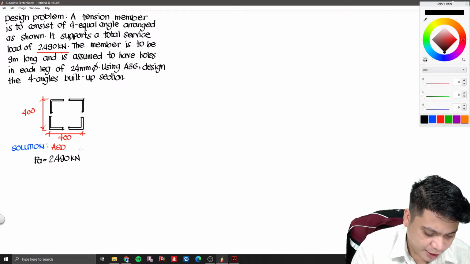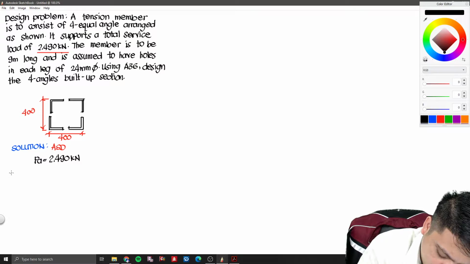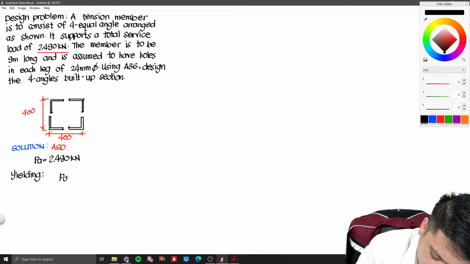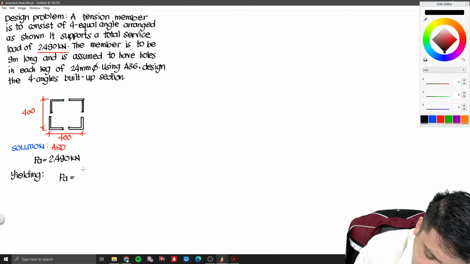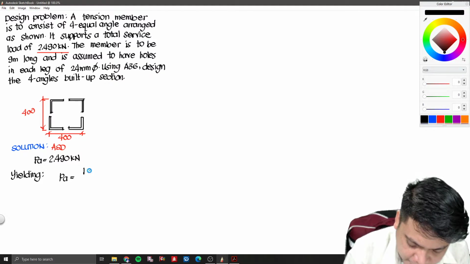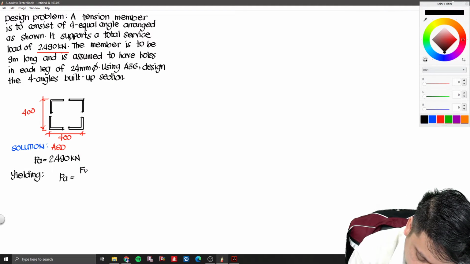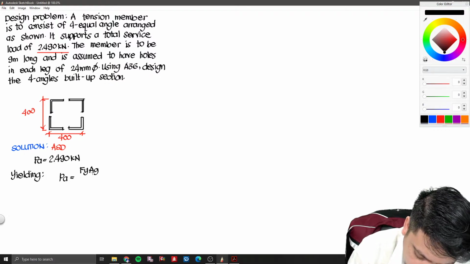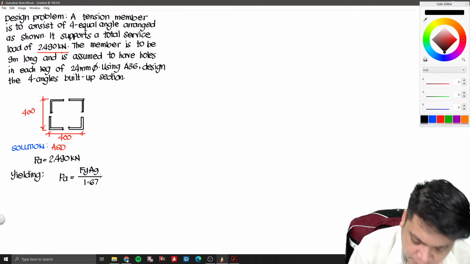From the PA, ang formula natin, using the yielding, we have here PA. Ano nga yung PA natin? So, that is equals to PN over omega, which is Fy times AG, all over 1.67.